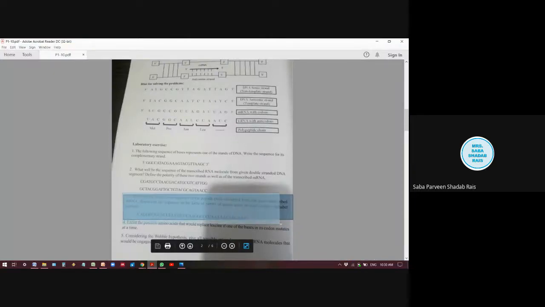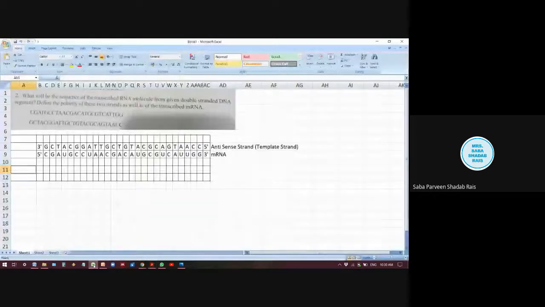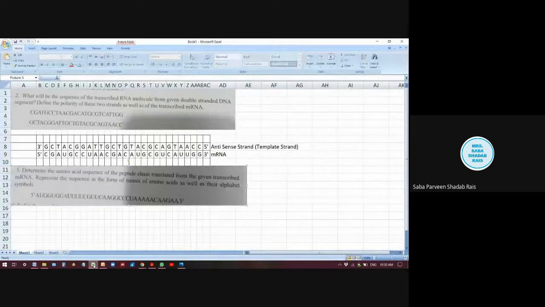Now it's much better, I guess. Determine the amino acid sequence of the peptide chain. Now, what we have to determine? Amino acid sequence. You should be ready with the amino acid chart.